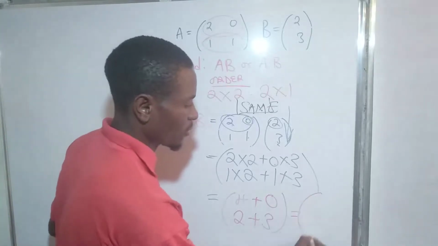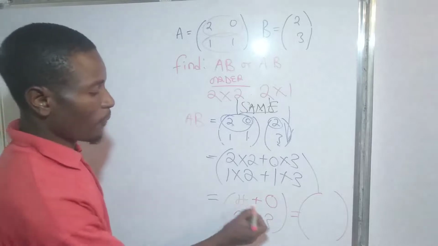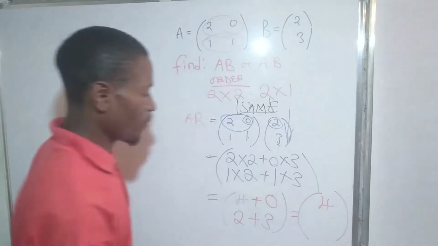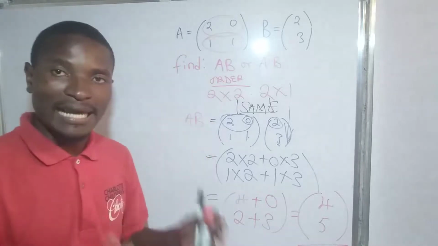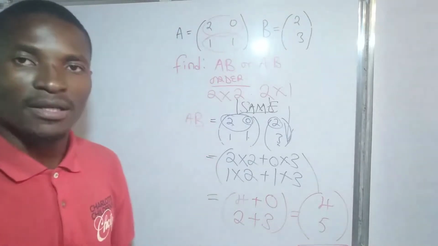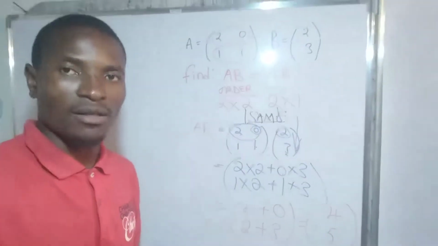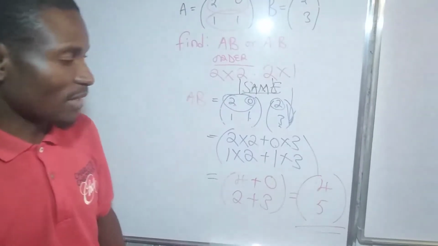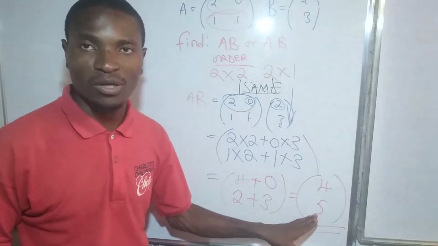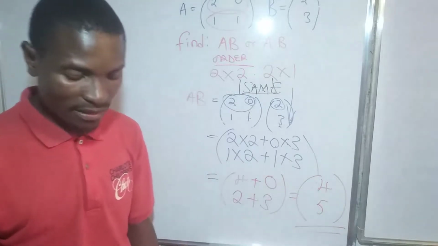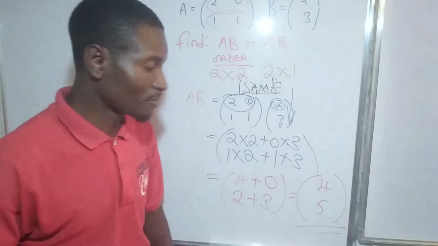Then this gives us 4 plus 0, it is 4, and 2 plus 3, this is 5. And that is the answer for this matrix. It is 4 and 5. Those are the elements for the answer.